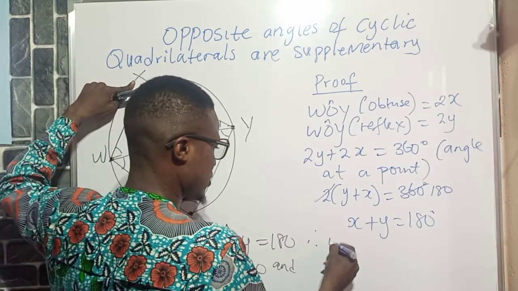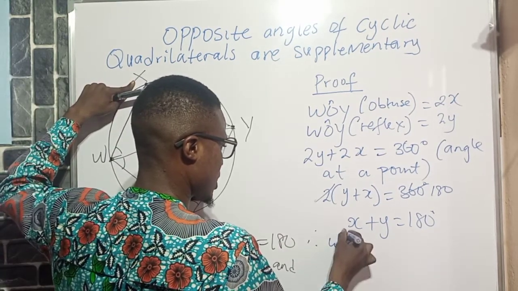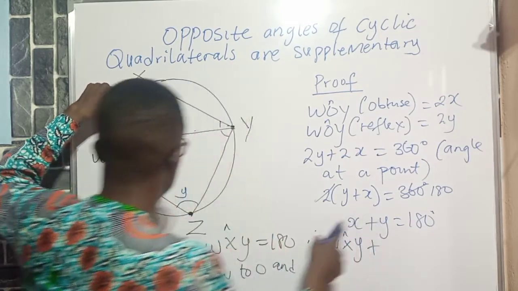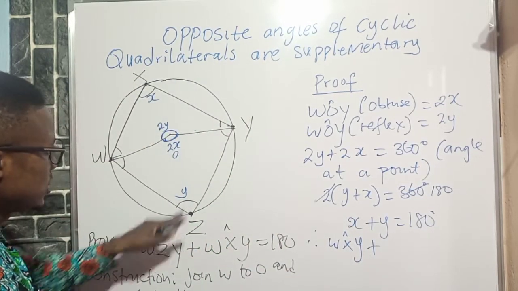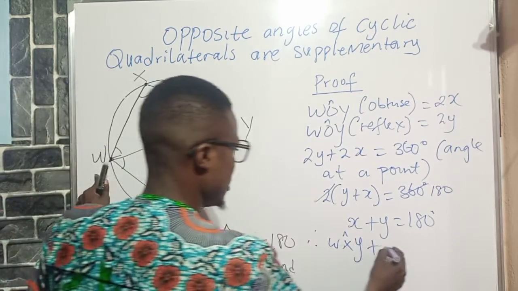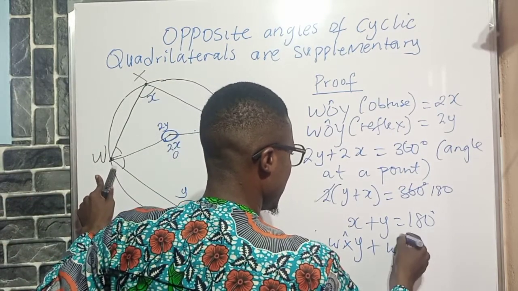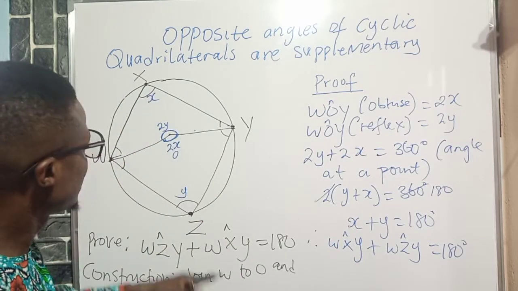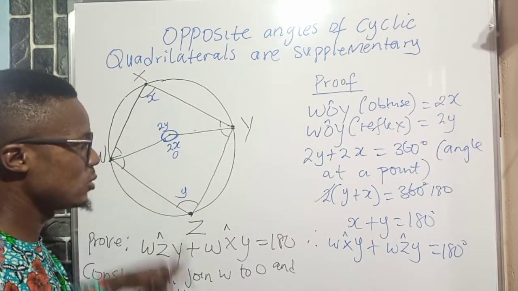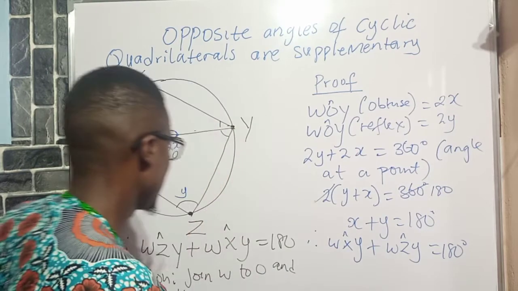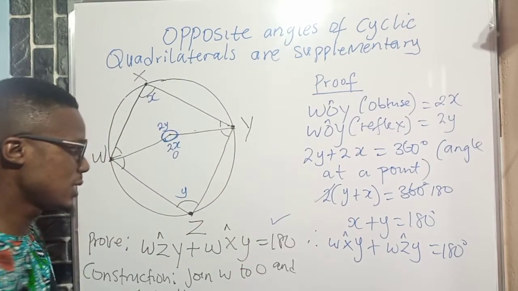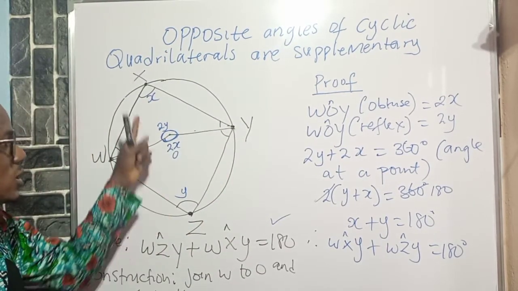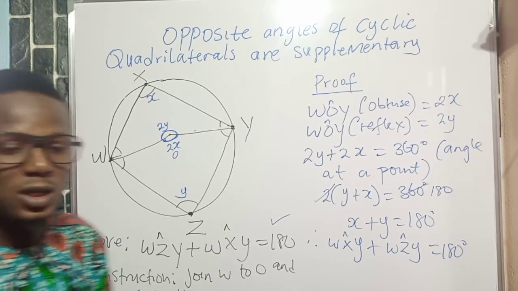So therefore WXY plus, what is y? Y is WZY. WZY is equal to 180 degrees. So you've now seen that this angle plus this angle will give us 180 degrees, and that is what you wanted to prove initially, that the opposite angles of cyclic quadrilaterals are supplementary.